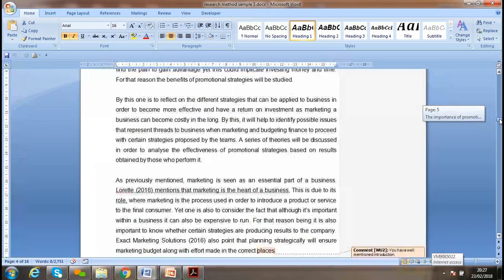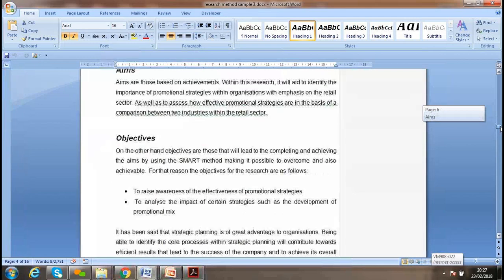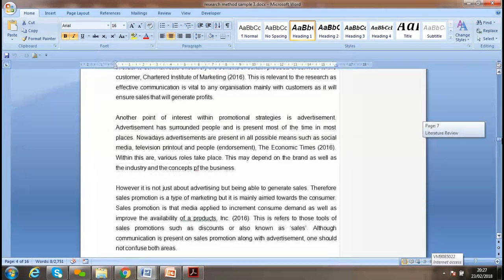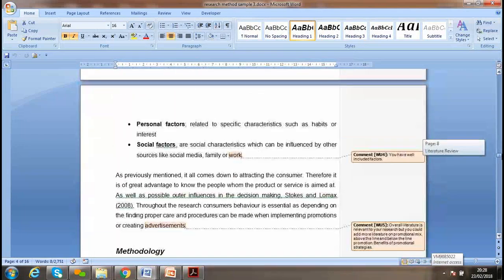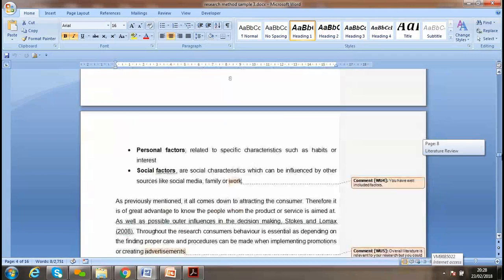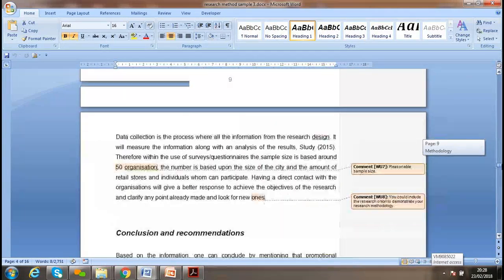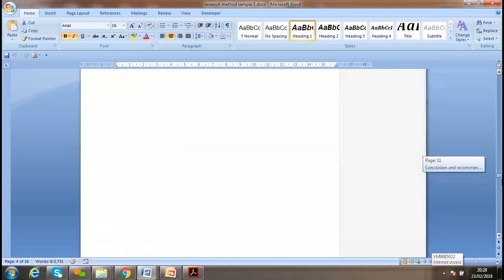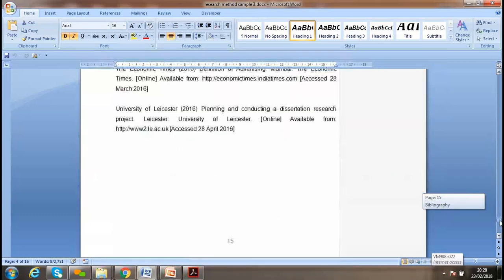Then the aim of this research, the objective, the literature review, then a discussion of different factors, research design, data collection methods, and conclusion and recommendations. And this is just a proposal.